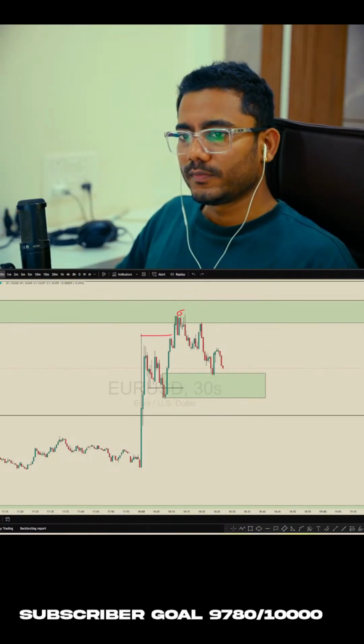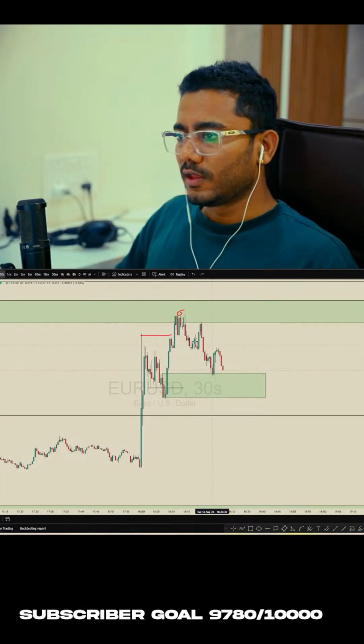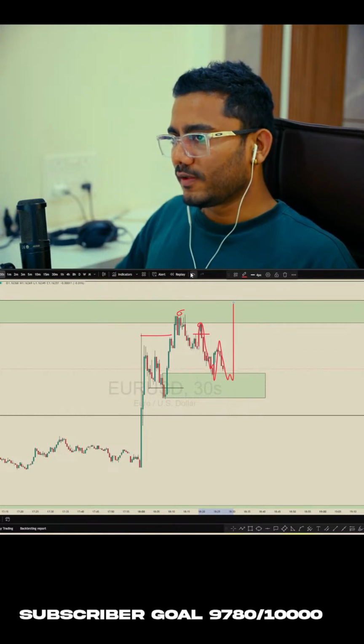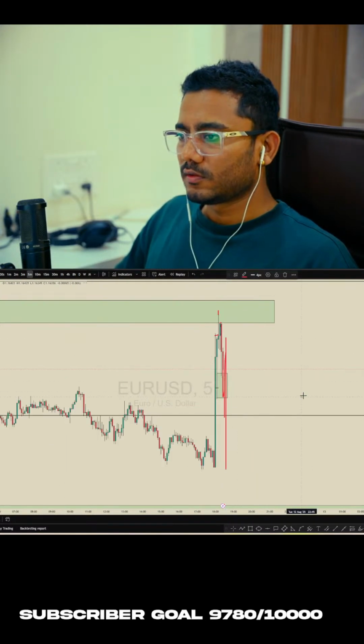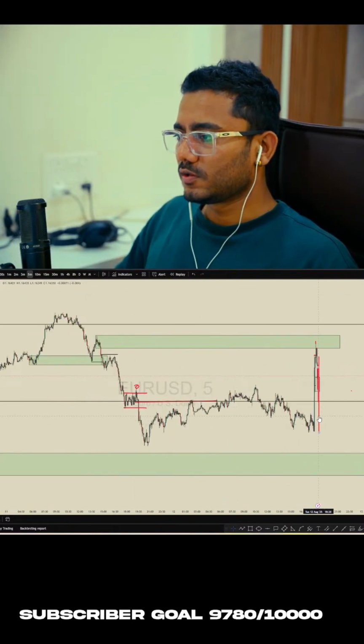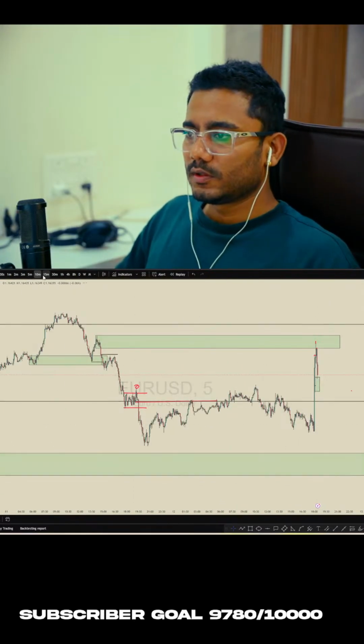So in this case, we have this wick which took out this high and then gave us a breakout structure. If this gives us entry, we can look for buy side. If this fails, then we can look for sell from this area. So something like this should happen.